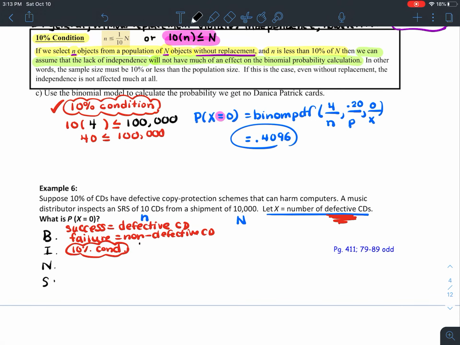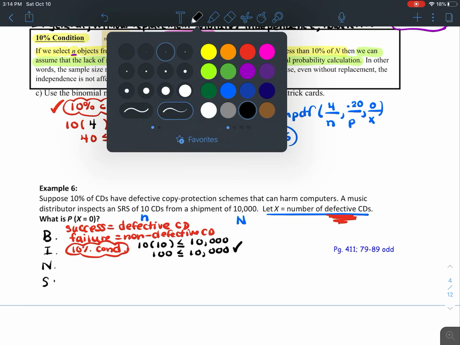When you show this, you're going to show 10 times your sample size is still under or equal to your population size. So you're just going to show that substitution and show what you get here. We certainly would say 100 is less than or equal to 10,000, so we can keep moving forward here with that independence condition.